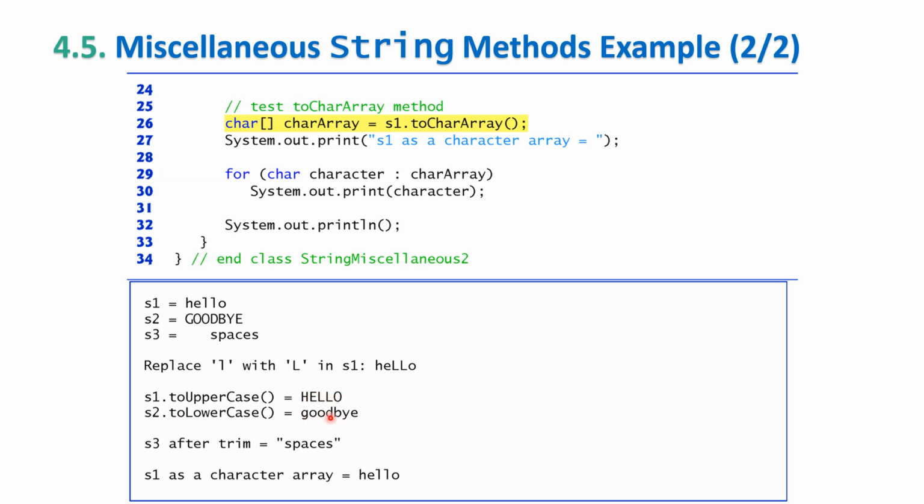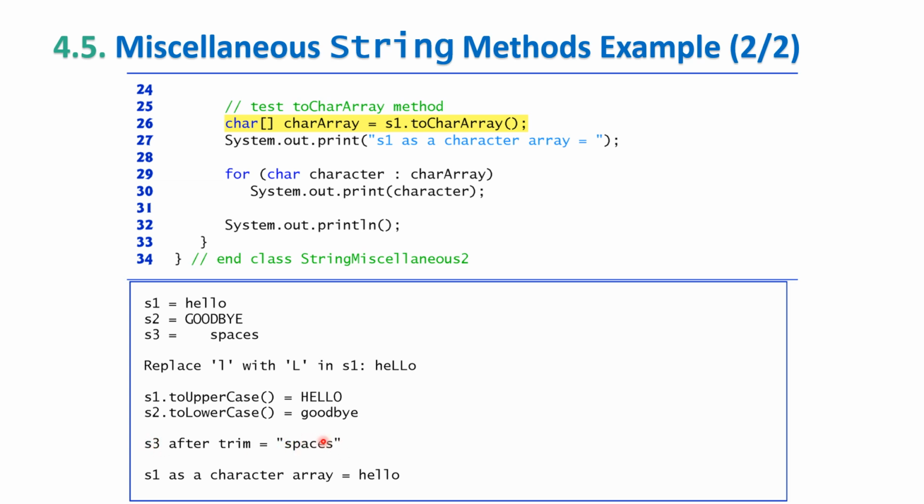And here is the result of calling the toLowerCase method on the string object s2. The result is a new string object that has the same content as the string s2, but with every letter replaced with the lowercase letter. And here is the result of calling the trim method on the s3 string object.